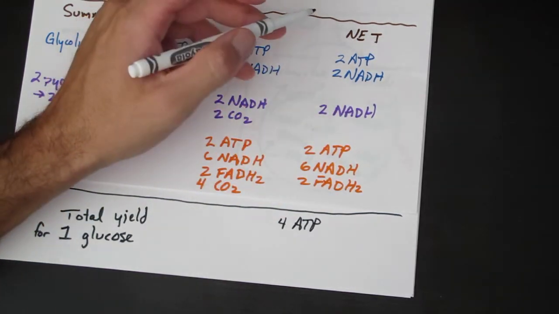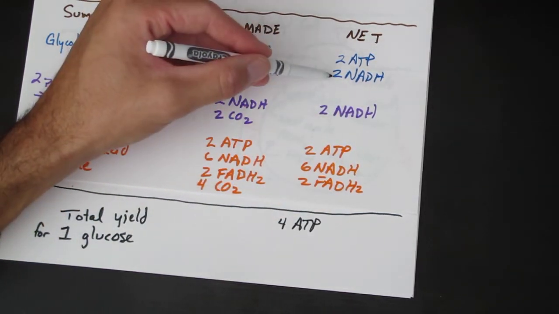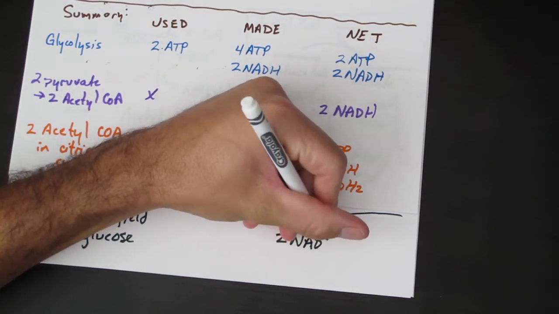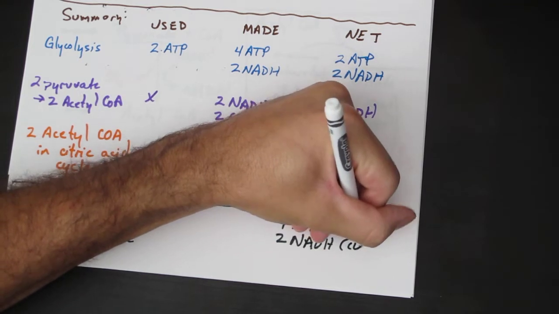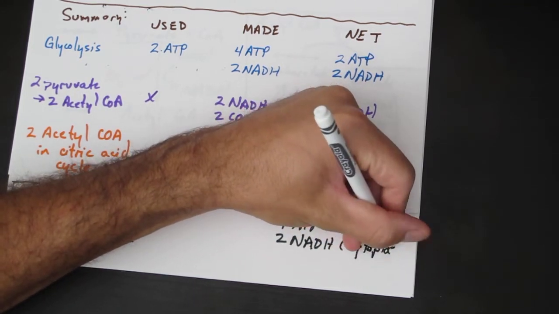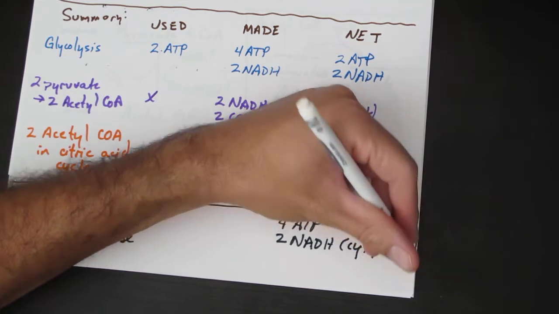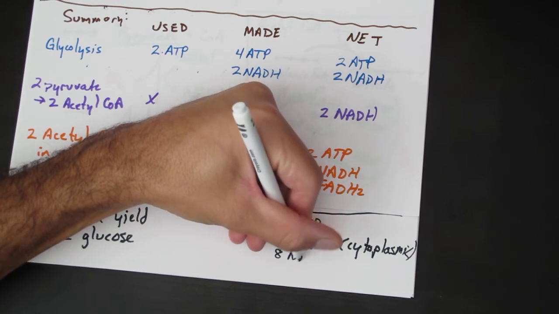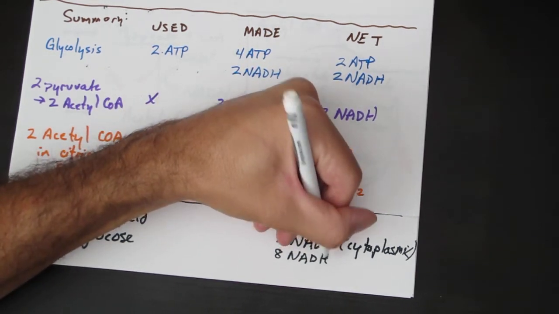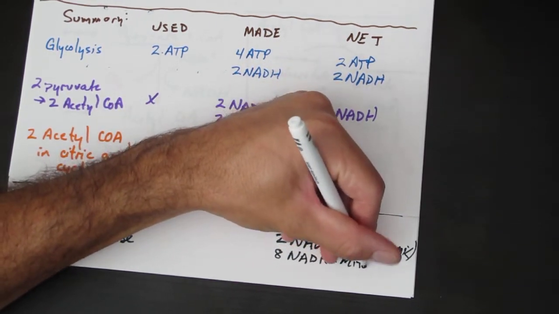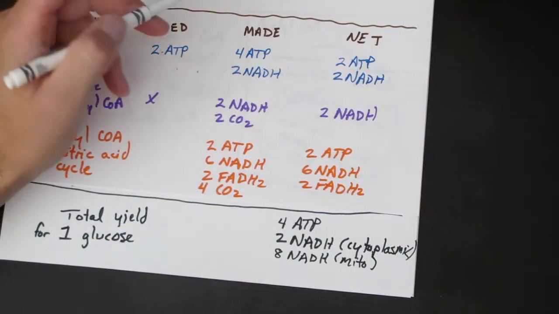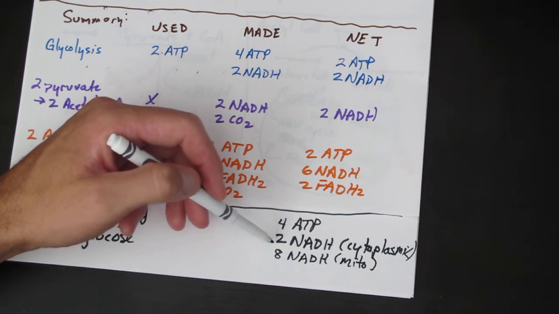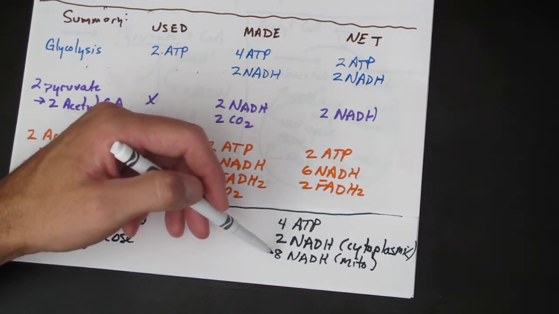Okay, I had 2 NADH made in the cytoplasm. That's cytoplasmic. And I had 8 NADH in the mitochondria. There's a difference there we'll talk about in just a couple of minutes. But those cytoplasmic NADH don't often yield as much energy as the mitochondrial NADH do.